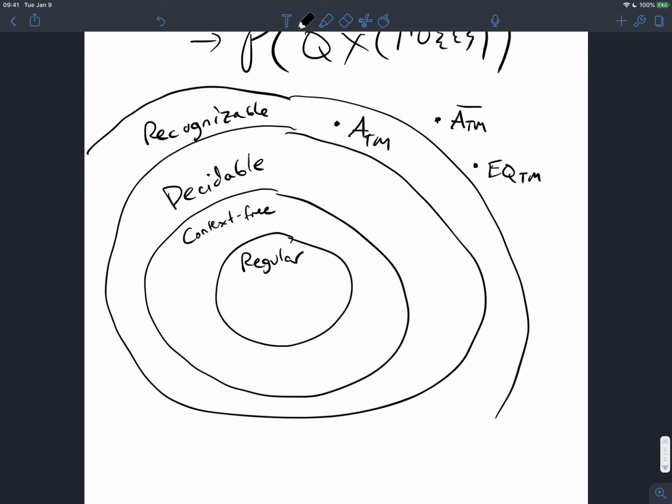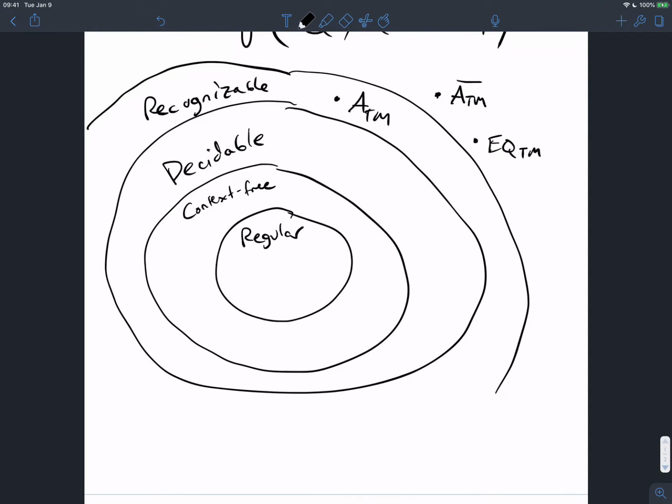Therefore, we can check whether a grammar actually generates something. Then we talked about PDAs, and last time we showed that they're equivalent too. So what's a context-free language that's not regular, as an example? 0^n 1^n is perfect for this one. Another one we saw was balanced curly brackets.